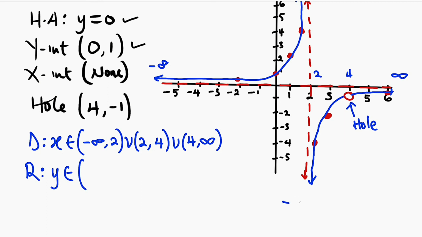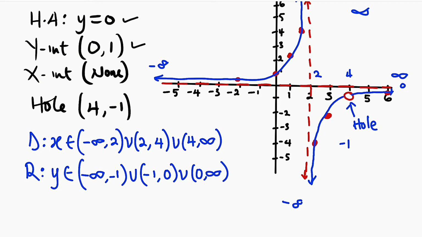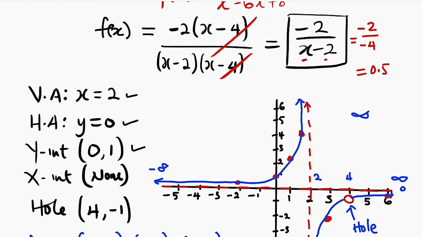So we start with negative infinity up to negative 1, which is the coordinate of y at the hole, union from negative 1 up to 0, then from 0 up to positive infinity. And I think this is all I have for you today.